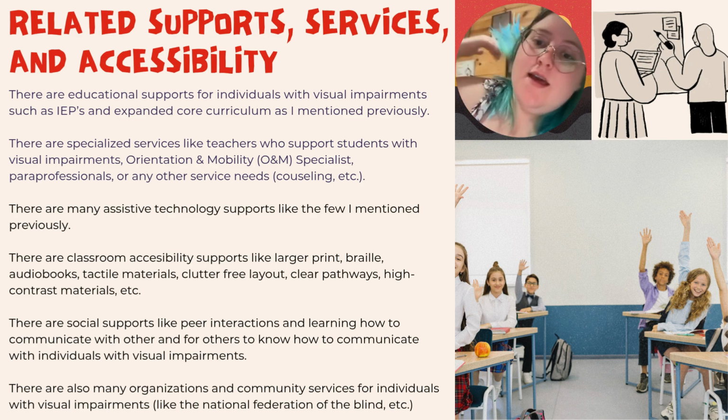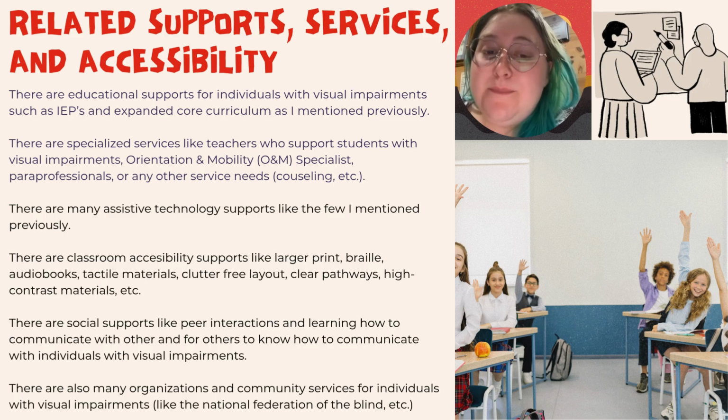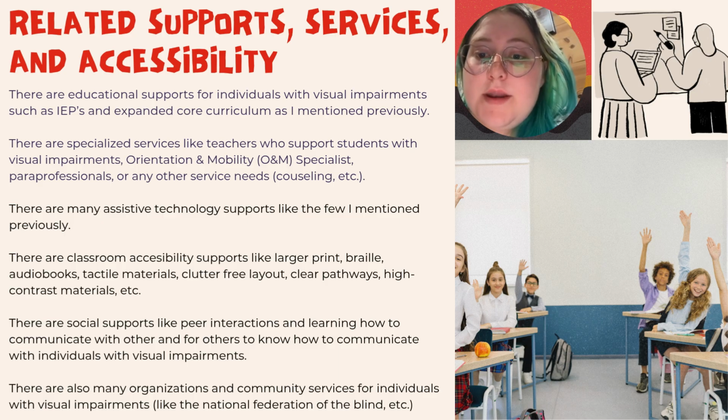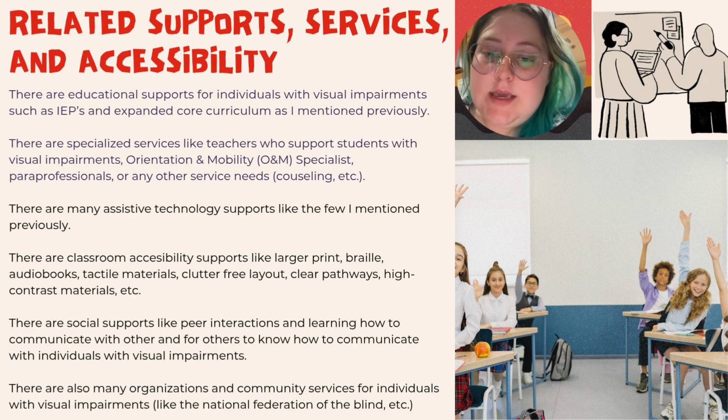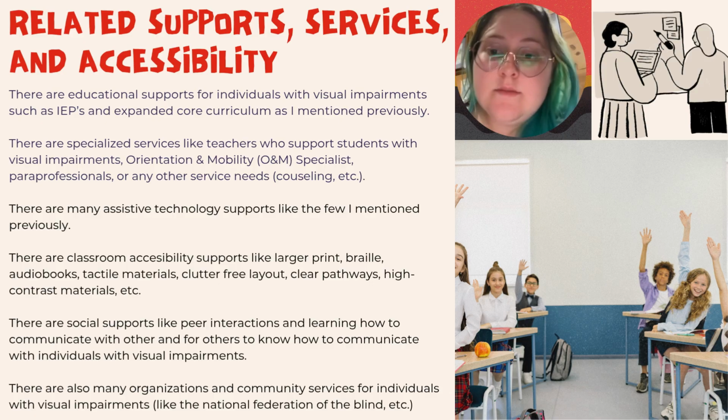There are specialized services like teachers who support students with visual impairments, which is the TVI, orientation and mobility specialists, paraprofessionals, and any other service needs like counseling or therapy or occupational therapy, speech therapy. There are many assistive technology supports, like the few I mentioned previously, like text to speech, braille translators, magnification systems.